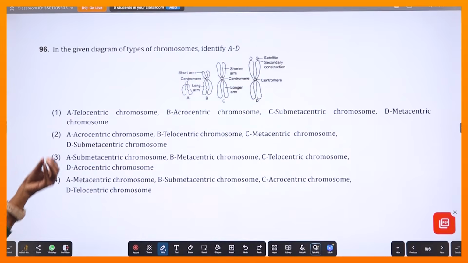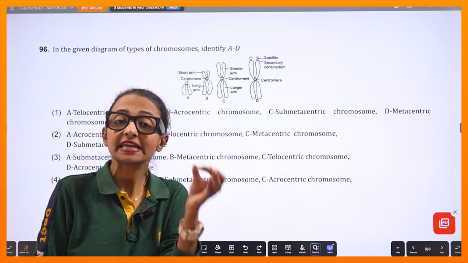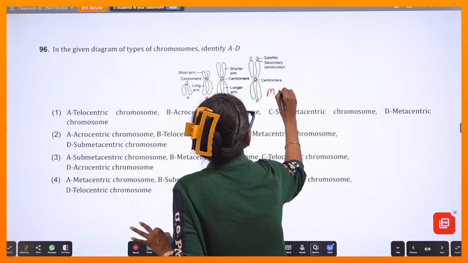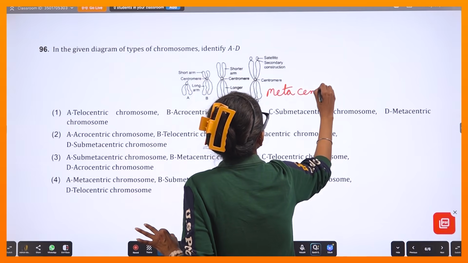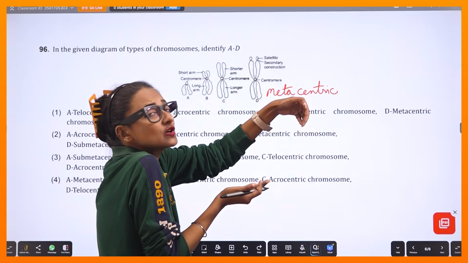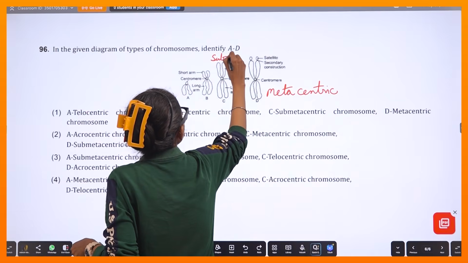Depending upon the position of the centromere, if the centromere is exactly at the center, then it is called metacentric. If the centromere slightly goes away from the center, then it's submetacentric.